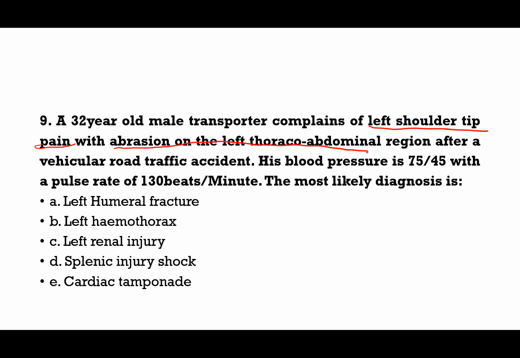So when the spleen is ruptured, patient suffers internal bleeding, and you can see they already have what is called Kehr's sign, a referred pain to the tip of the left shoulder due to left subdiaphragmatic hematoma, and this patient is in shock. So our most appropriate answer here will be D.